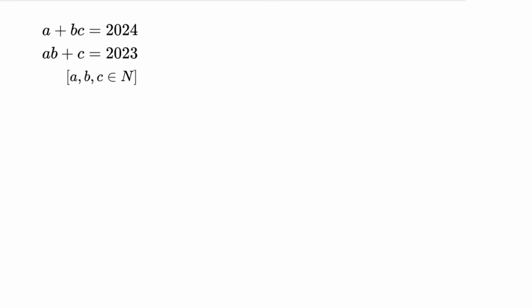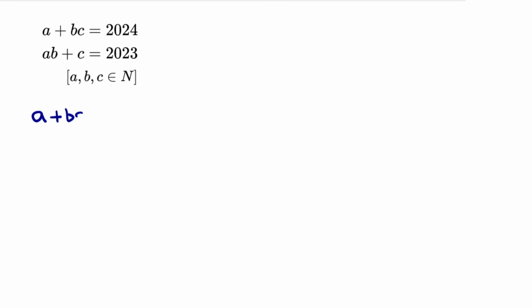No zeros, no negatives. Now, whenever I see two equations that look this similar, the first thing I want to try is subtraction. So, let's subtract the second equation from the first.